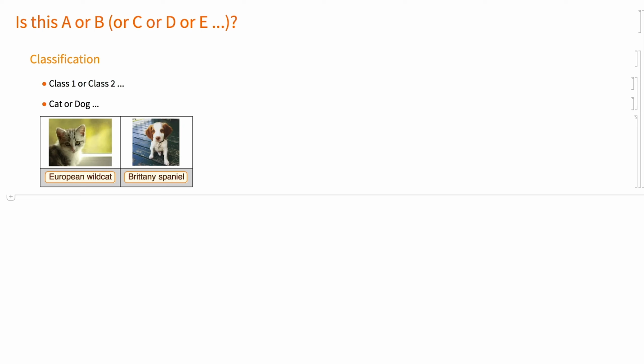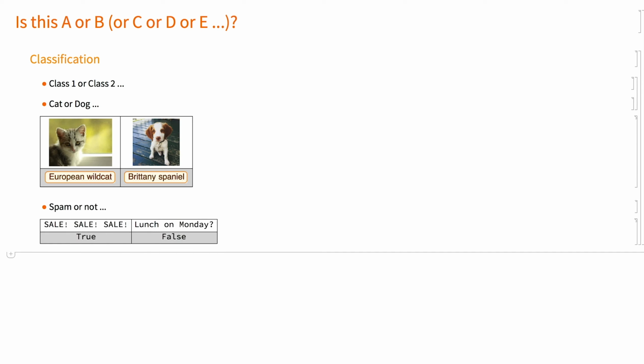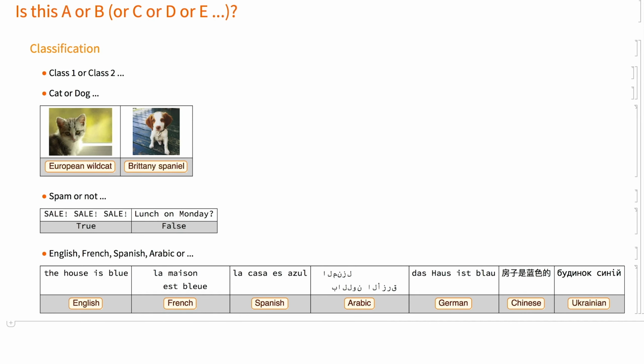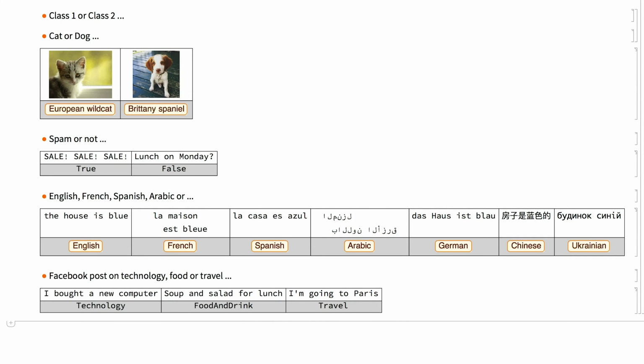So questions along the lines of, given an image, can we label it as a cat or a dog? Given the text of an email, can we say if it's spam or not? For text in different languages, can we label each piece as English or French or Arabic or something else? Can we classify a Facebook post according to its topic, say technology, food, travel?